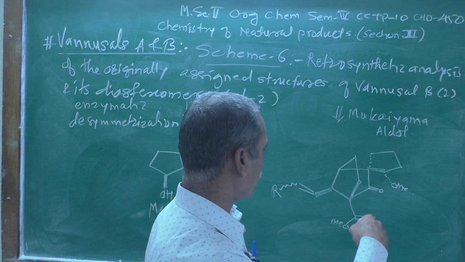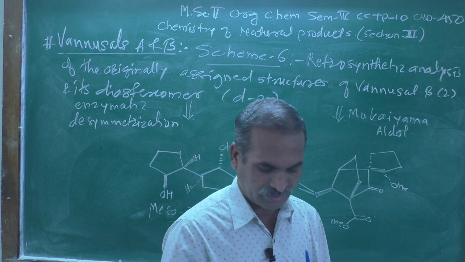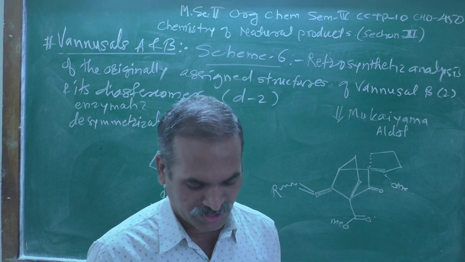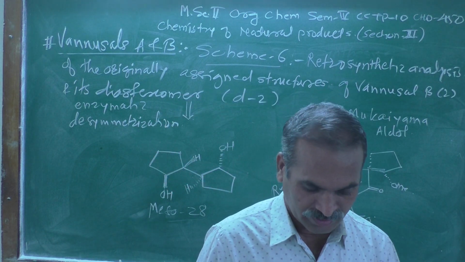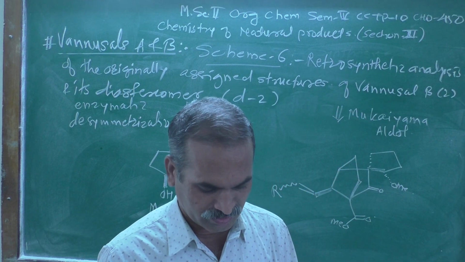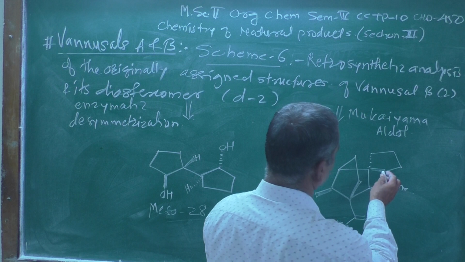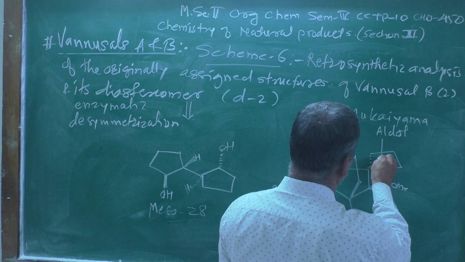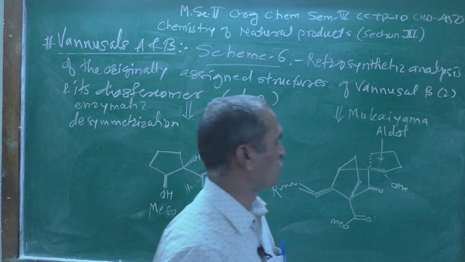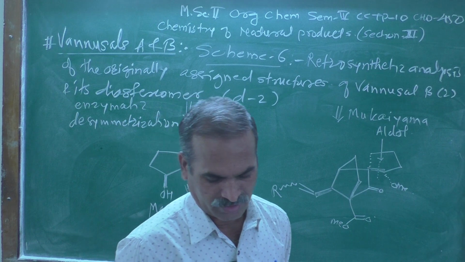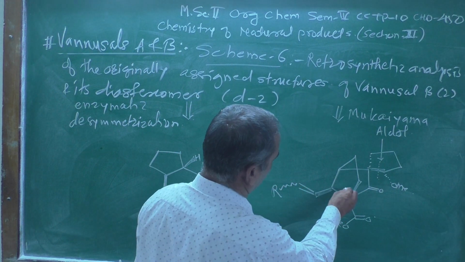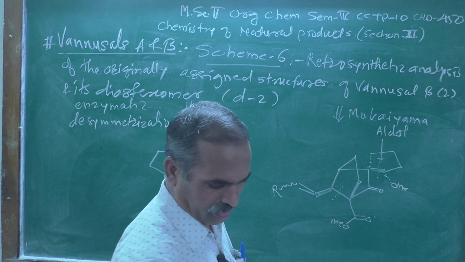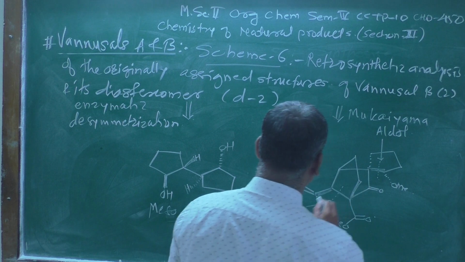arrow shown. That staggered arrow indicates that there is no assigned stereochemistry. It may be above or below, not exactly assigned. And when this bond is going to break, this approach is nothing but a Mukayama aldol condensation reaction. And now when this bond is going to break, which I am showing with a dotted line, which approach am I going to use over here?